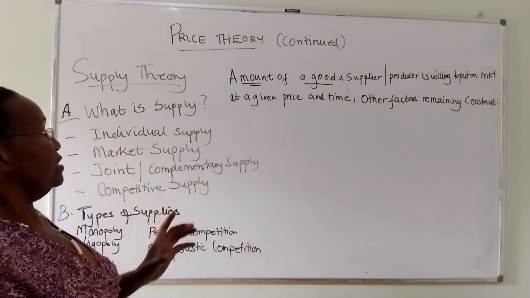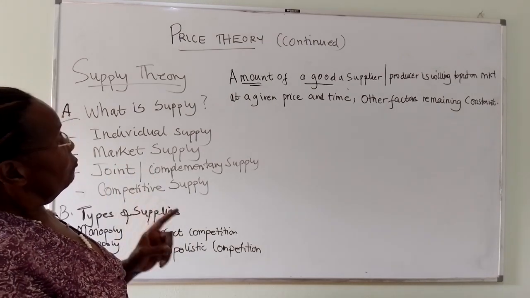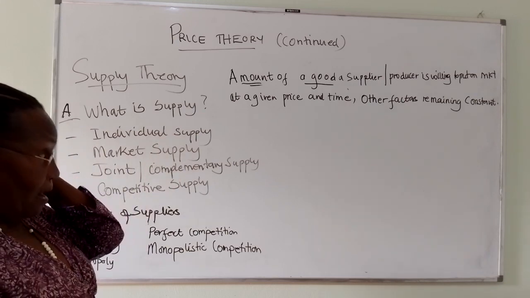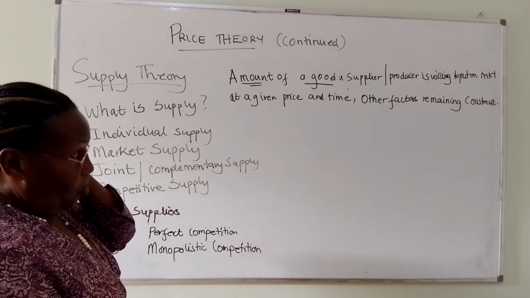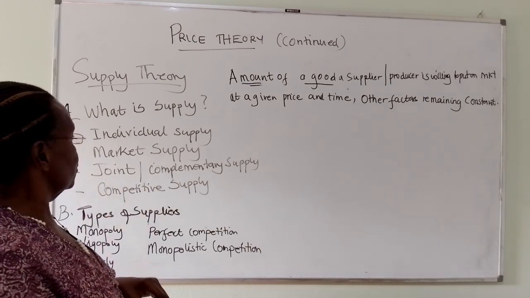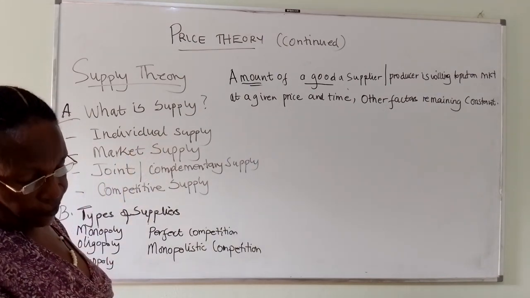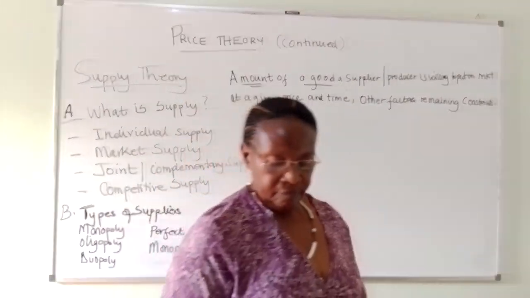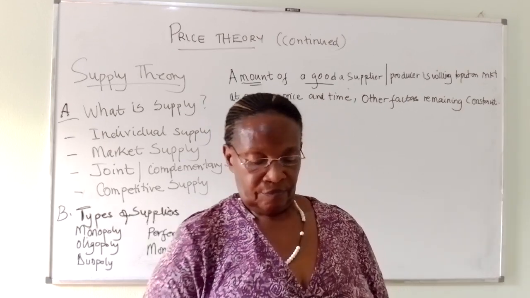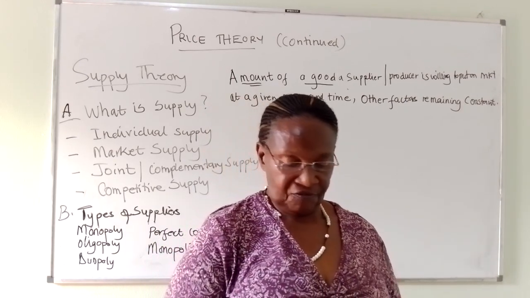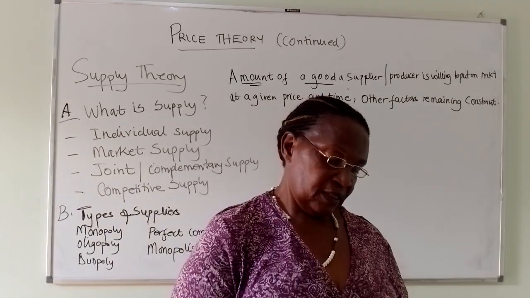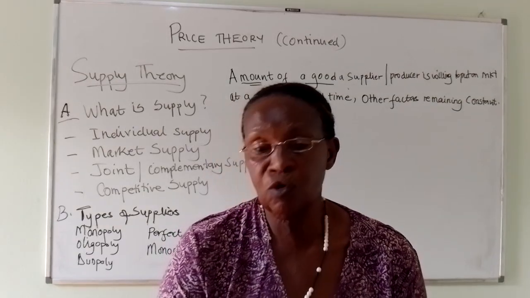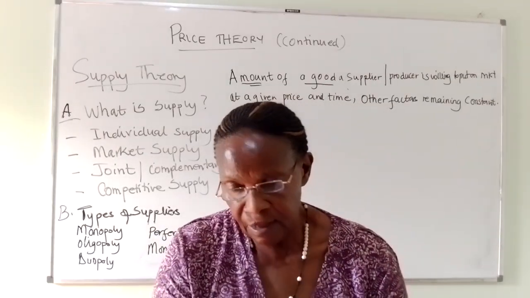It is on a micro perspective, examining just one person, one producer of that good, and you don't look at the entire amount that is produced by all the participants in the production of that good. So individual supply can be defined as the quantity of a commodity that a farm, because even a farm is the smallest production unit, and many farms put together make an industry.